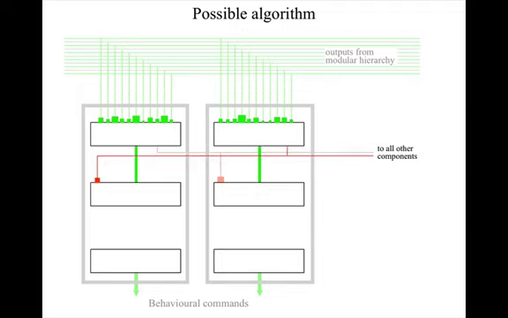And its own middle subcomponent also gets inhibition from all the other components, just as I've illustrated. So each middle subcomponent gets excitatory inputs from within the same component and inhibitory inputs from all the others. And this establishes a competition between the alternative behaviors.